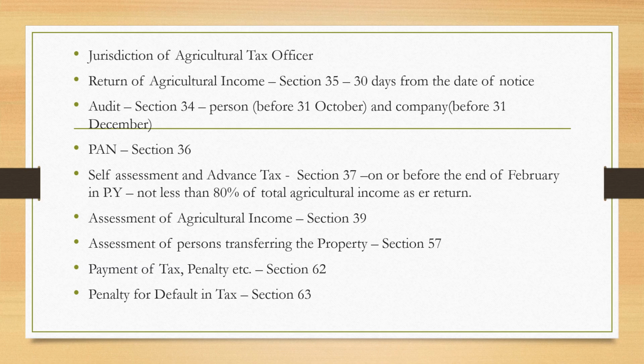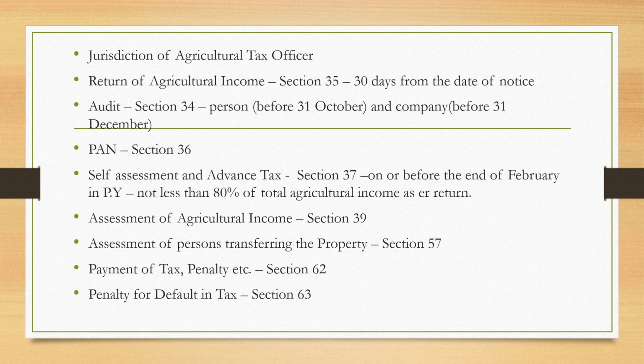When an assessee is in default in making payment of tax, he shall, in addition to the amount of the arrears and the amount of interest payable under subsection 4 of section 37, be liable by way of penalty to pay such amount as the agriculture income tax officer may direct.